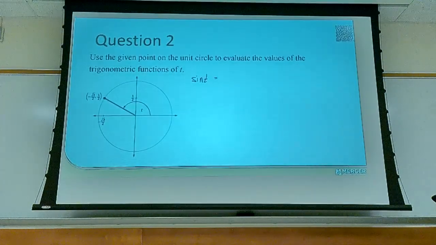Sine, because radius is 1, is just the y coordinate. Cosine, because radius is 1, it's just the x coordinate.